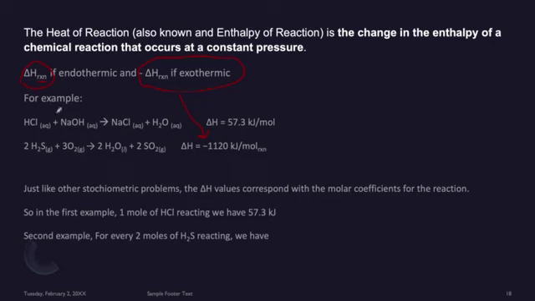First one is hydrochloric acid and sodium hydroxide, and they have given us the heat of reaction or the enthalpy of the reaction. And here we have another reaction in which there's a negative 1120 telling us that this reaction was exothermic.